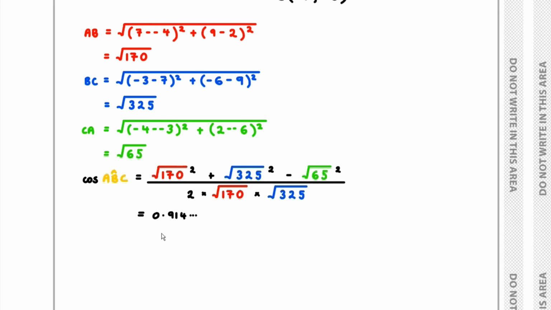And working this out, we get 0.914, etc. Therefore, ABC is equal to the inverse cosine of this, which is equal to 23.8 degrees to 3 significant figures.